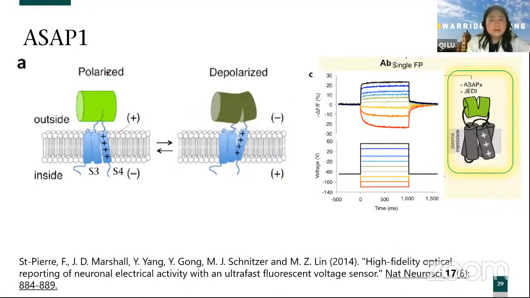So the third one is the SAP1, and the difference is that this fluorescent protein is located in the extracellular part, while the rest of them are located in the intracellular part. So that shows that there are brighter signals. After depolarization, these signals will be gone, to indicate the voltage change.